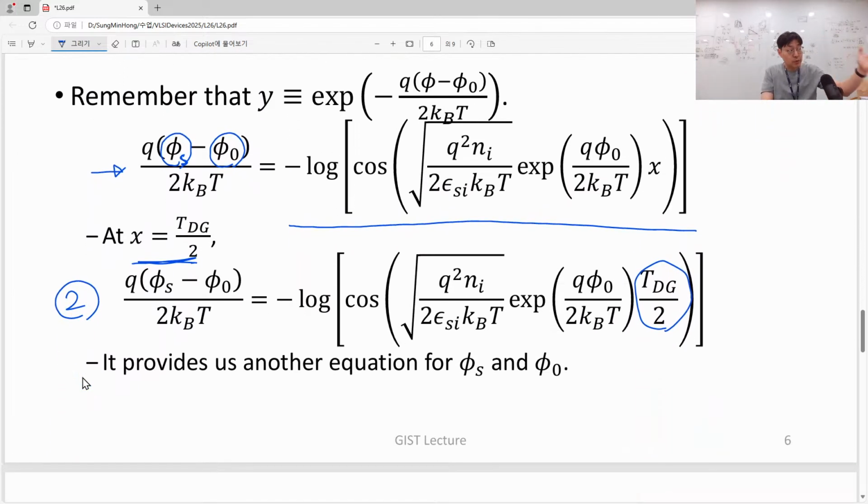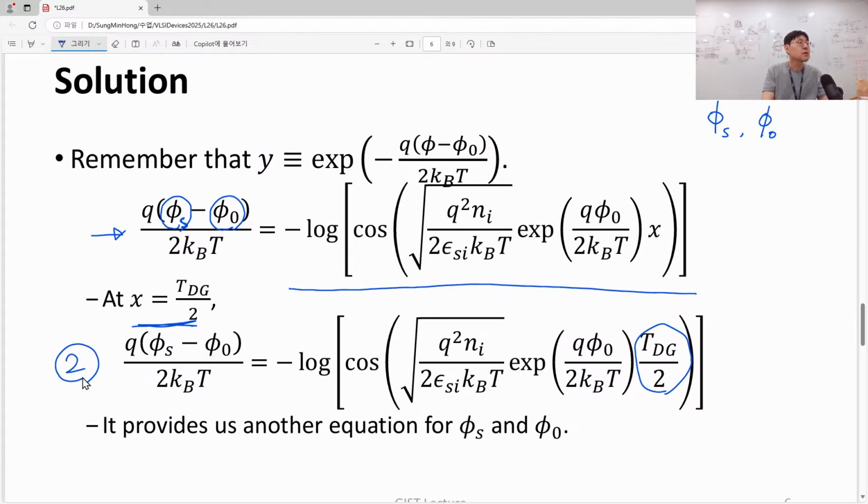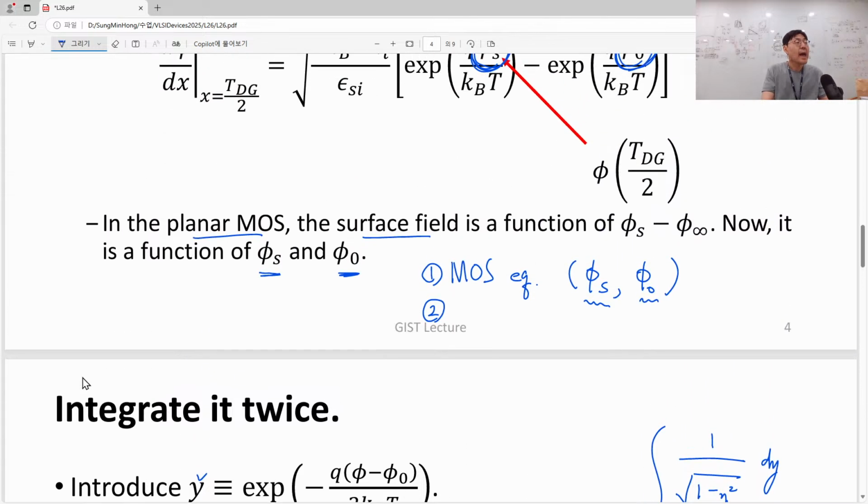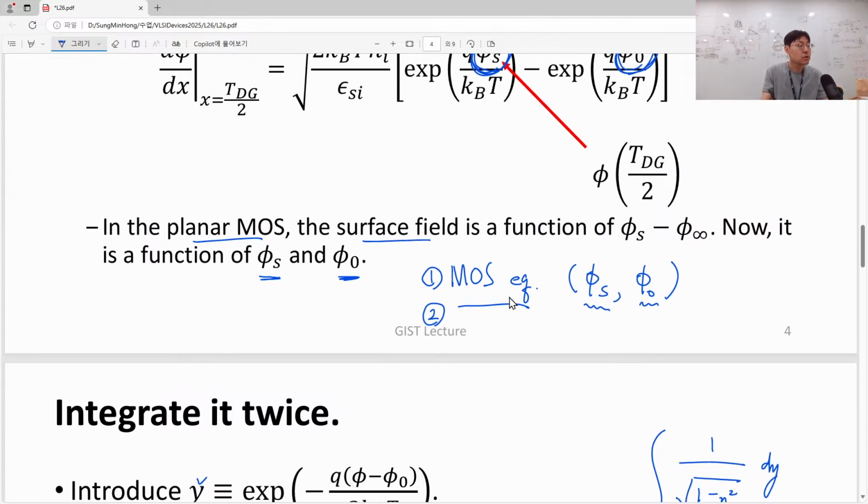So simply speaking, by combining these two, we get the relation between surface potential and midpoint potential, and another one is the N1 situation shown here.